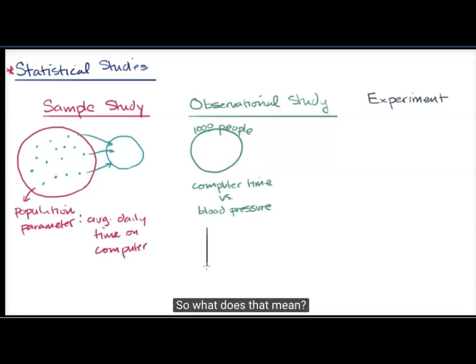So what does that mean? Well, let me draw. If this axis is computer time, and this axis is blood pressure.